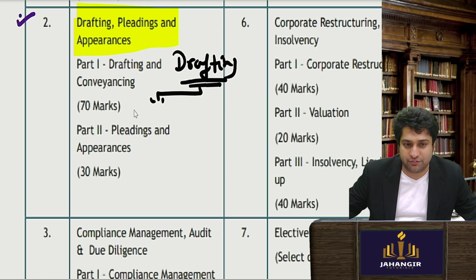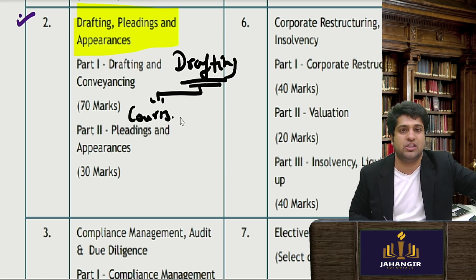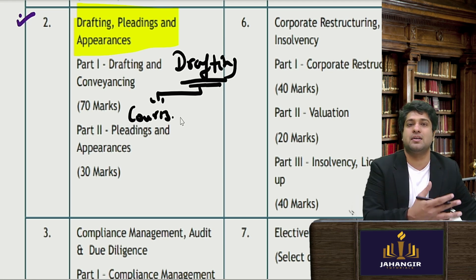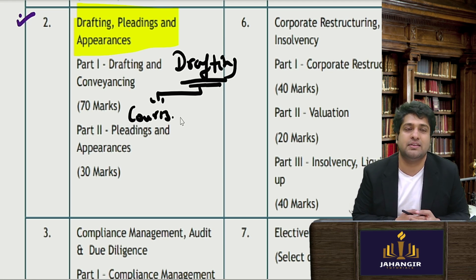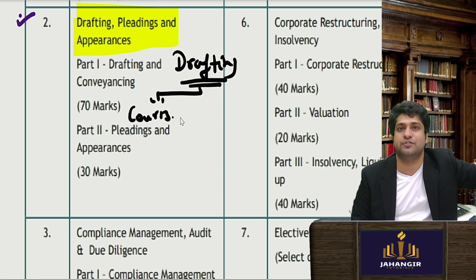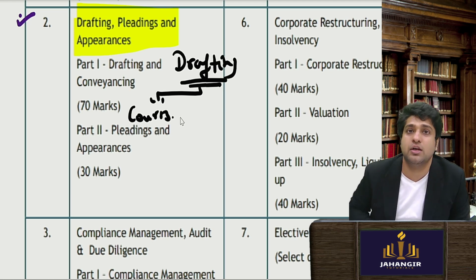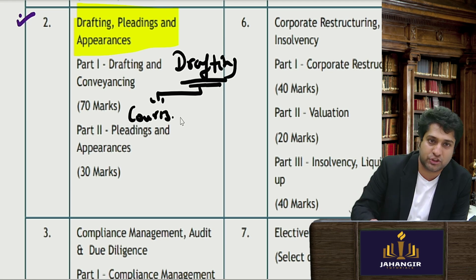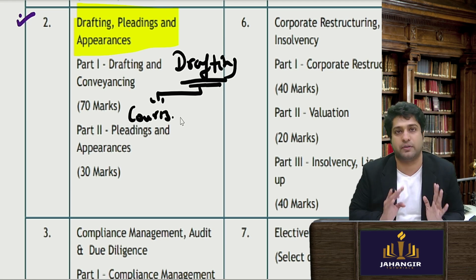First is drafts with respect to courts. When you go to NCLT, the National Company Law Tribunal, you are going to appear there. They have also spoken about the special leave petition, which is for appeals from the High Court to the Supreme Court; you require an SLP. How do you draft writ petitions? All of that comes when you approach a court.